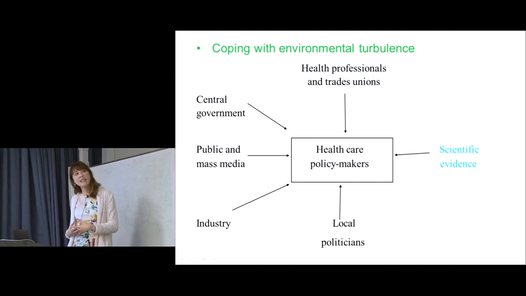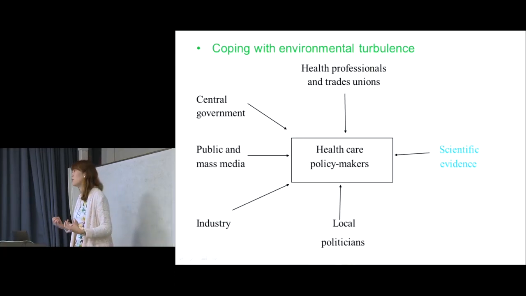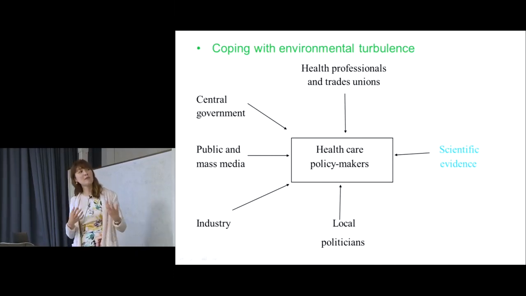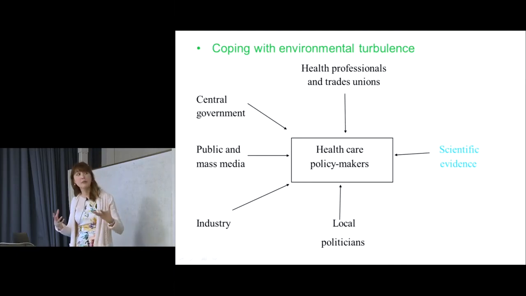But what we want to aim for is probably scientific evidence-informed policymaking, or in fact, influencing policymaking, because look at all the influencers in the system. We've got the healthcare professionals, the important trade unions, the clinicians, and rightfully, all these players have a place in influencing the health system.